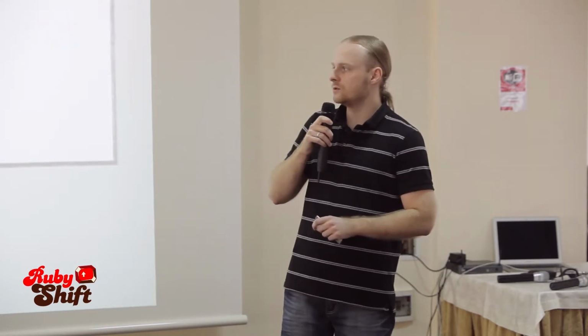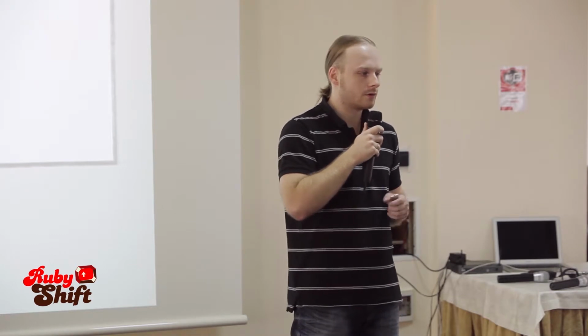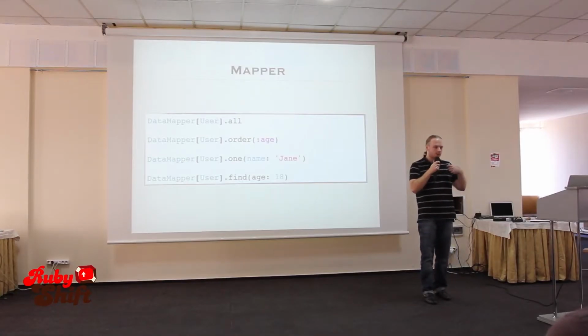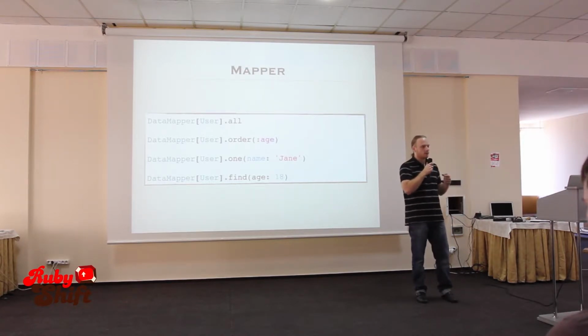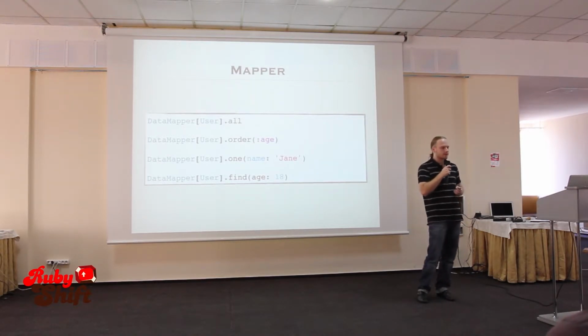It's really not complicated, it's still easy to use, it's still something that you basically know from other systems. So here we grab all users, or grab all users and order them by age, or get one user that has the name Jane, or all users with age equals 18. So this is really very similar to what we know from other systems.